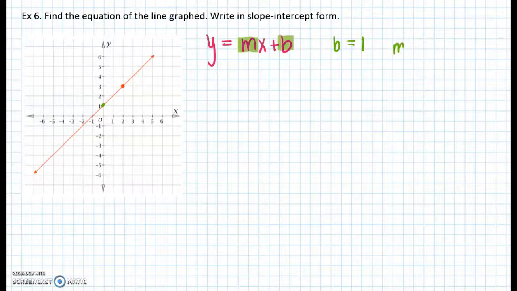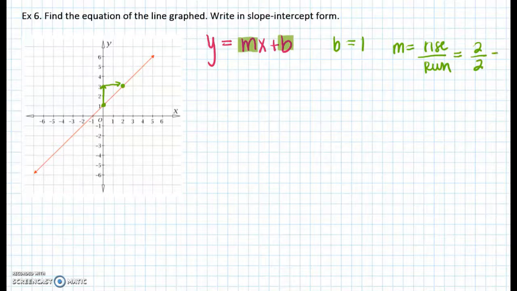And then remember, your slope is equal to rise over run. So we're going to go ahead and find 2 points. So we already have the y-intercept. And then here's another point that lies on the corner of a rectangle. So that's a perfect point. So now you rise 2 and you run 2.